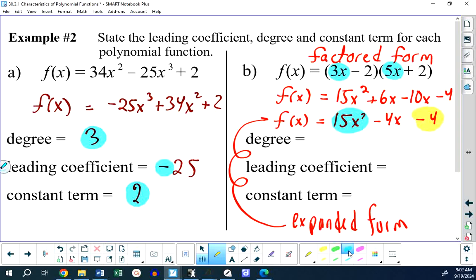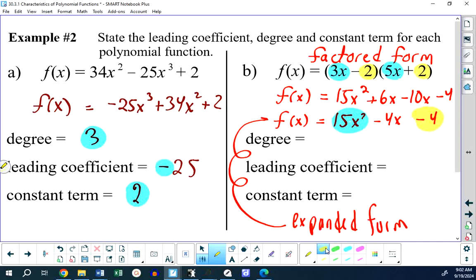If all you're determining is what's the highest degree term, you just have to multiply the highest degree terms in each of the factors. That's going to be important for later. And negative 4, which is the constant term, is the product of the constant terms of all of the factors.